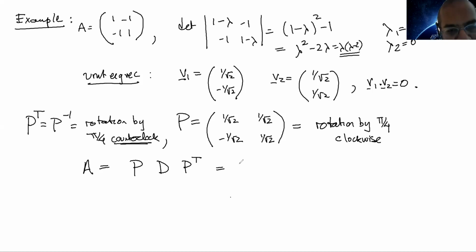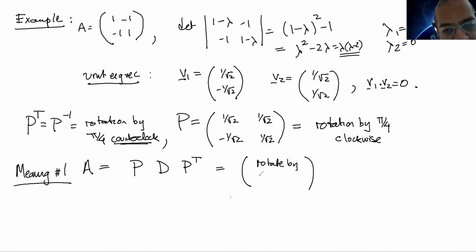Okay. So what this is telling me is that this matrix A gives me a meaning, which I'll call meaning number 1, because there's also meaning number 2. Meaning number 1 is that this literally corresponds to rotate by pi over 4 counterclockwise. I'm writing it in reverse.